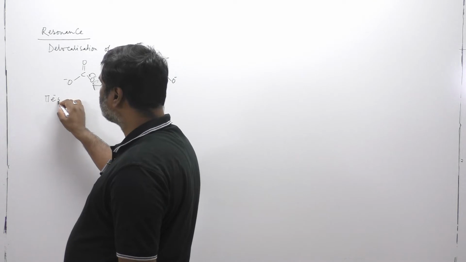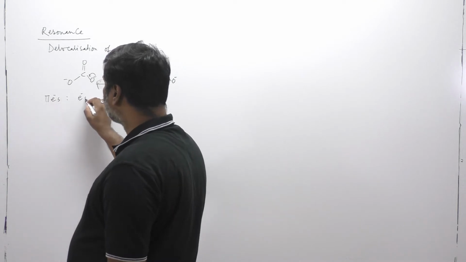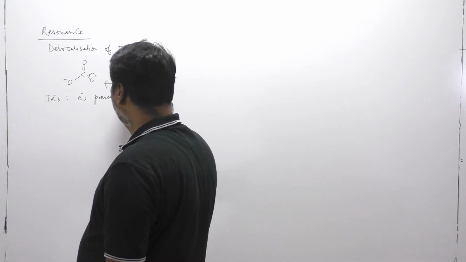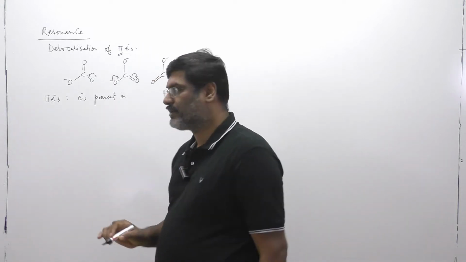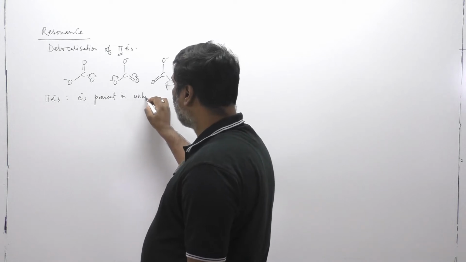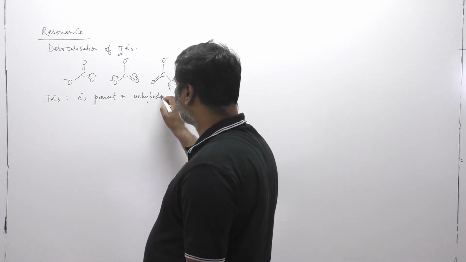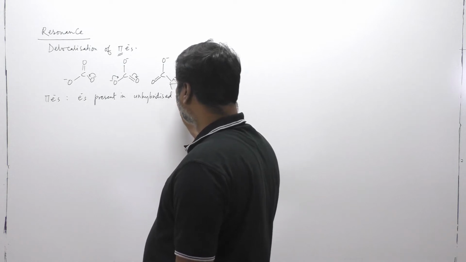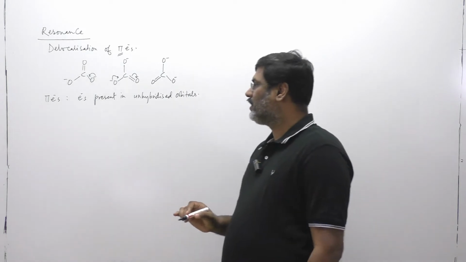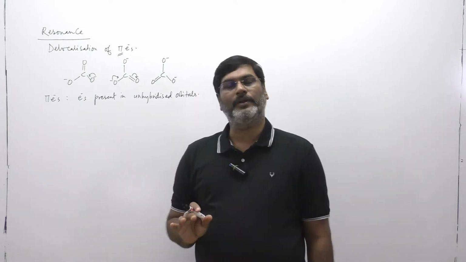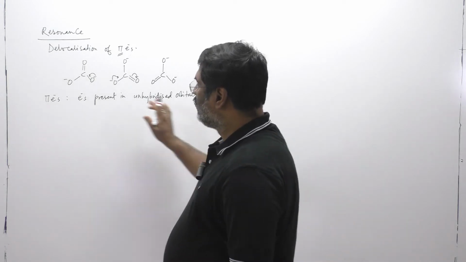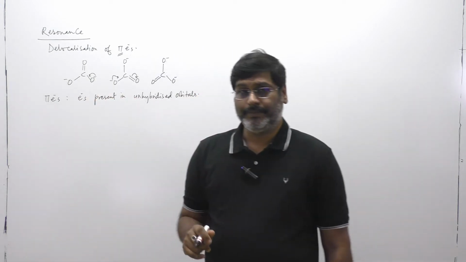The pi electrons means electrons present in unhybridized orbitals. Electrons present in unhybridized orbitals. Okay. Pi electrons are that.